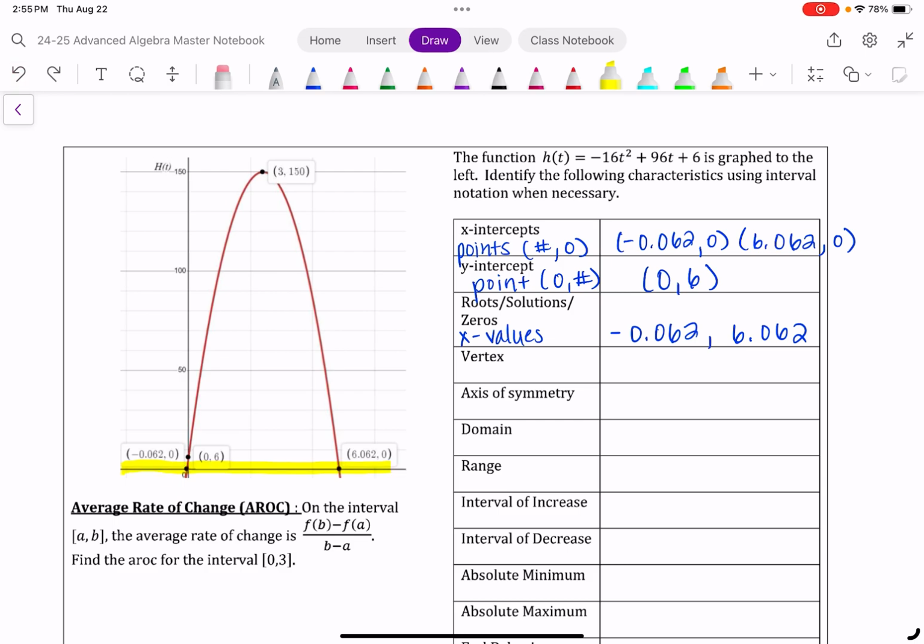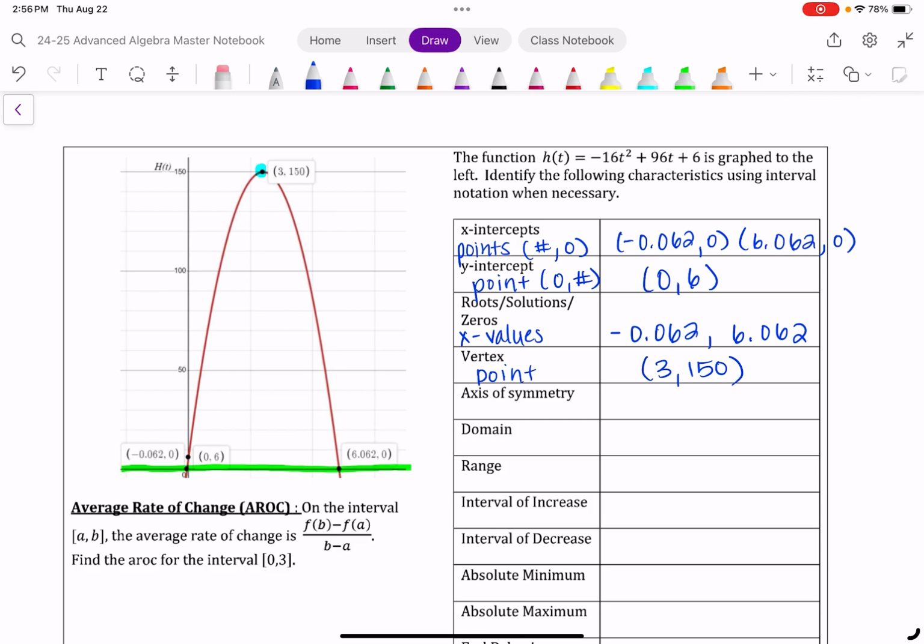I should have done that in green because it is the ground. It's where they cross the x-axis, which is the ground. All right, our vertex is that point way up top. It's going to be the highest point on this particular graph. It is a point. In this case, it is (3, 150).